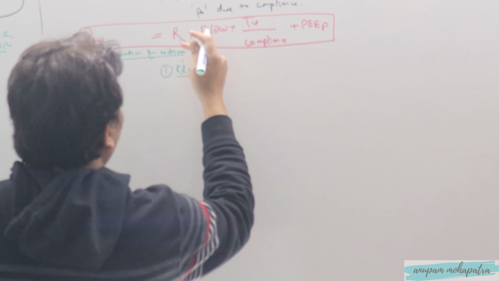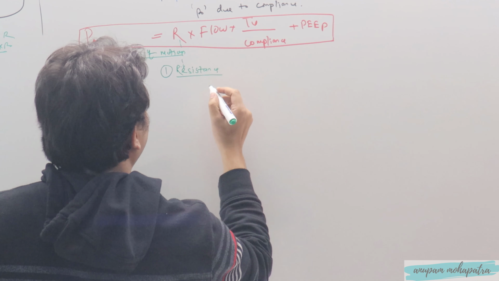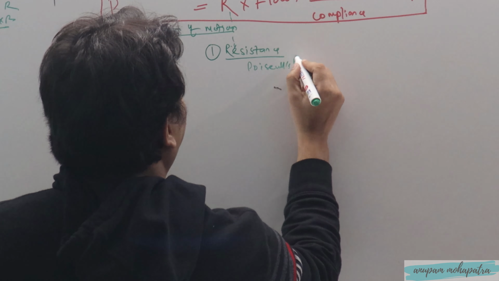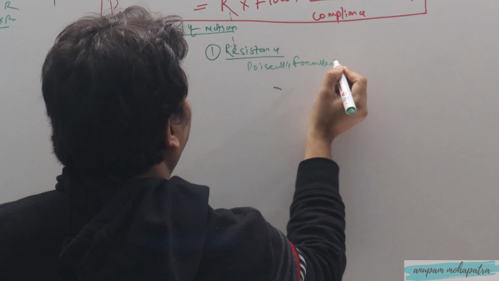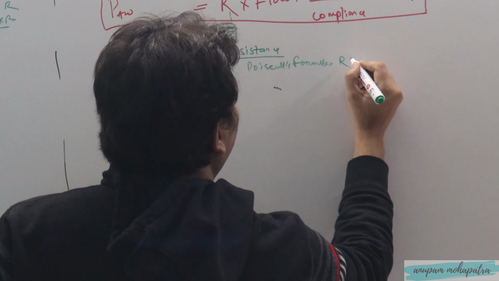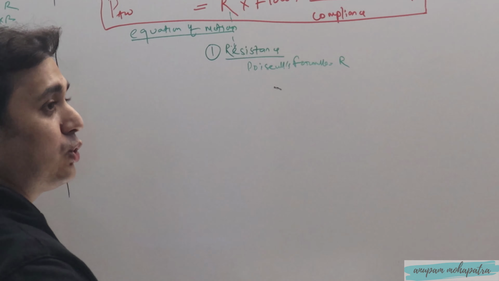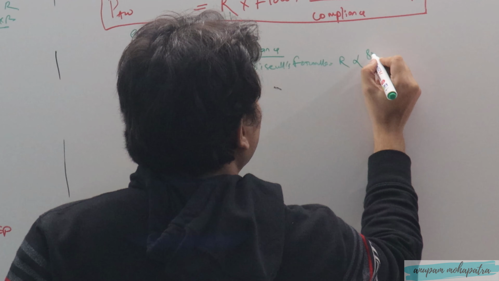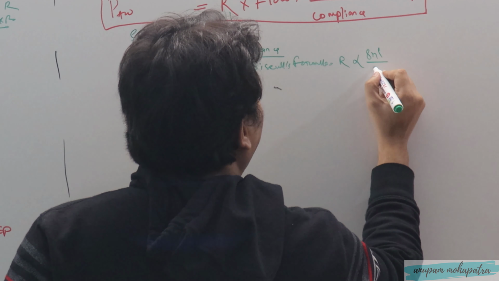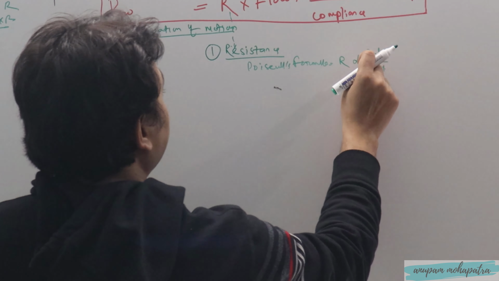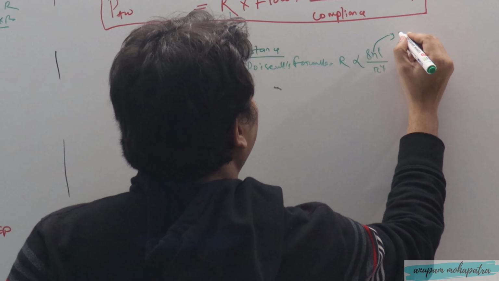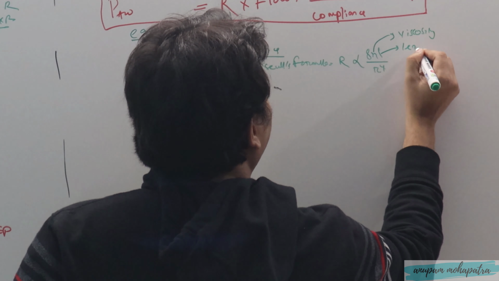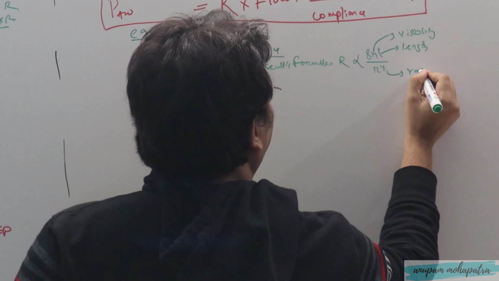So we will use Poiseuille's formula for this resistance. What is Poiseuille's formula? Resistance of a tubular structure through which laminar airflow is going is proportional to 8 N L by R to the power 4. So it is directly proportional to the viscosity, this is the length, this is the radius.